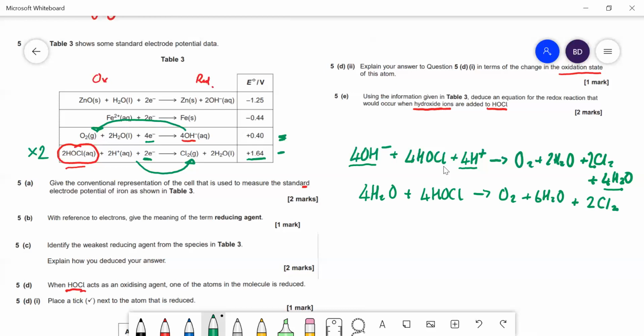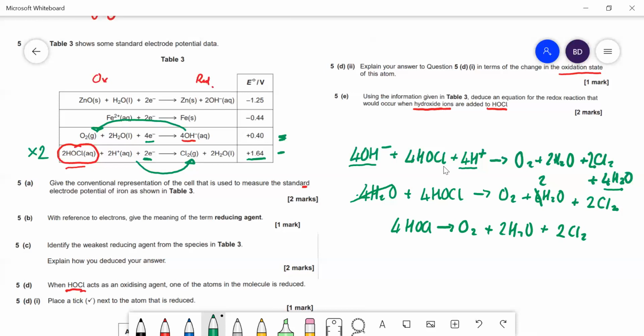Right, but that means we can get rid of those waters on the left and change that into a 2. So the answer is 4HOCl goes to O2 plus 2H2O plus 2Cl2. And that is a bit funny because the OH minus is not actually, doesn't appear in the equation, okay?